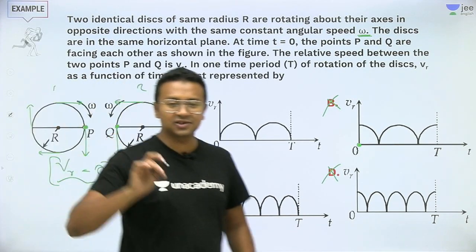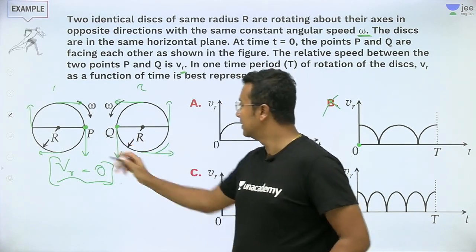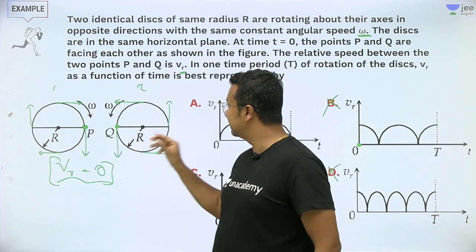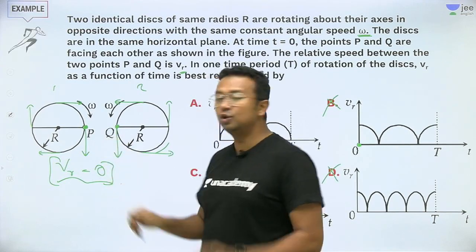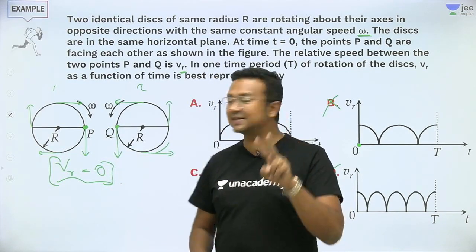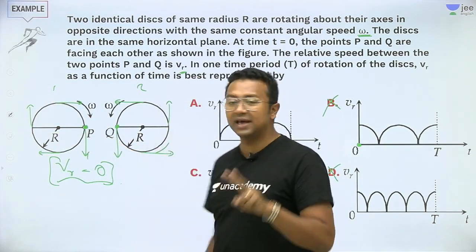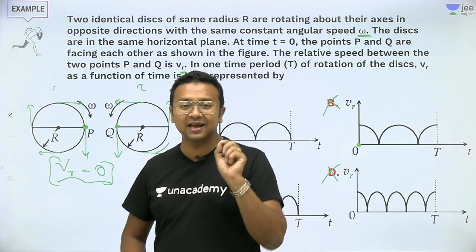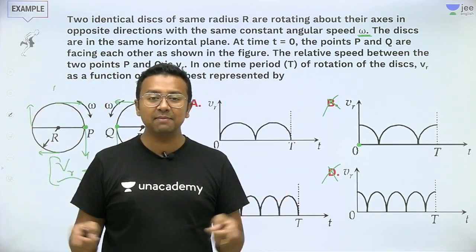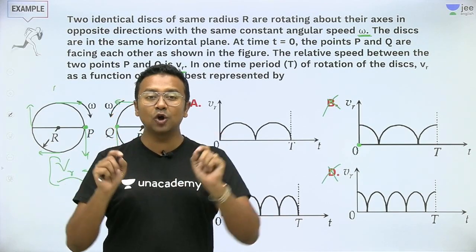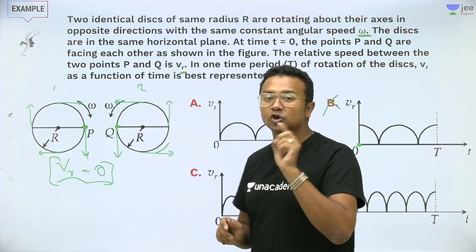Let us try and understand what is happening. At time t equals 0, VR equals 0. Now look at this particular point here. They are in the same direction only 2 times. See, Vp and Vq are in the same direction twice. That means their relative velocity will become 0 only 2 times in one time period, whenever their velocities are the same.